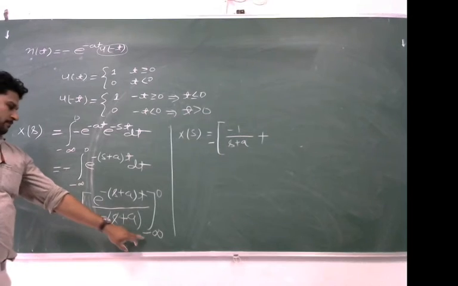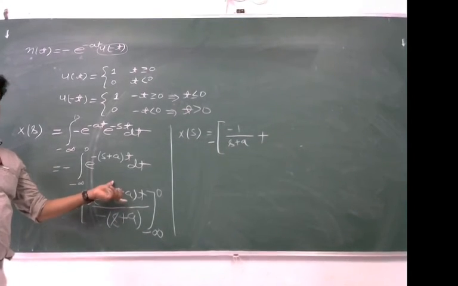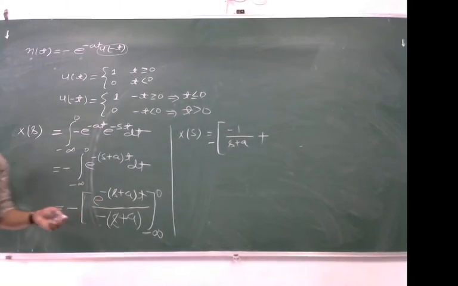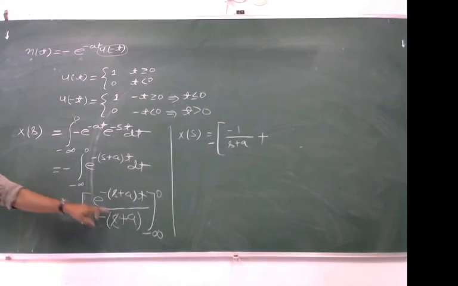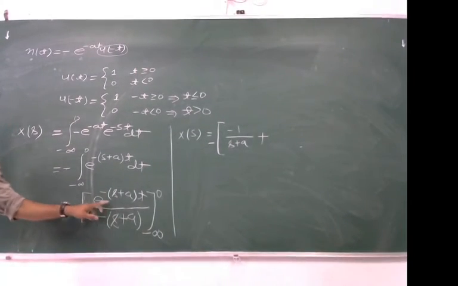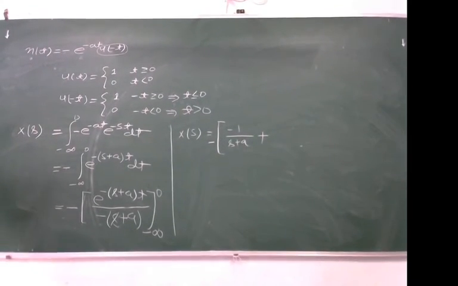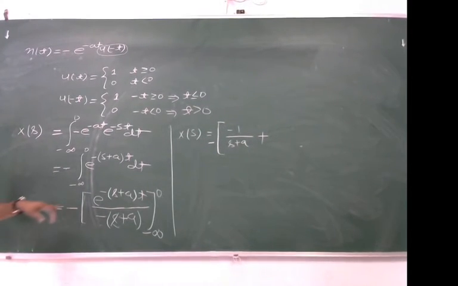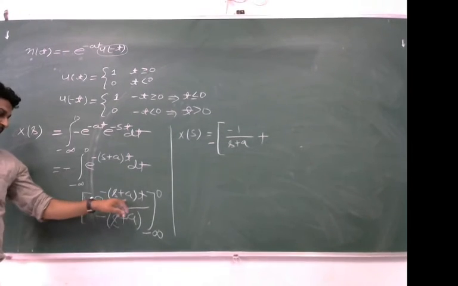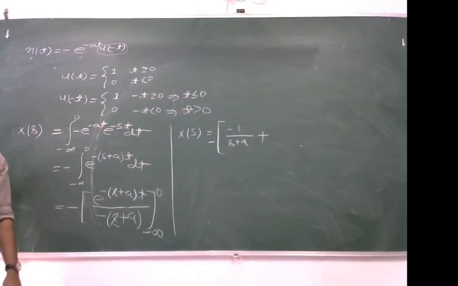When I put minus infinity, this will become e power plus infinity, because 1 minus is already here, and this integration will give an infinite value. So the value of this integration will become infinite when s plus a is greater than 0.